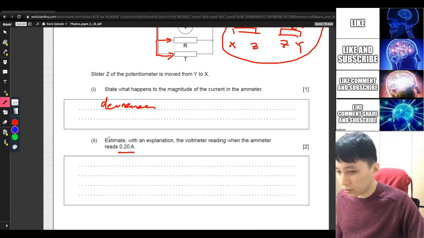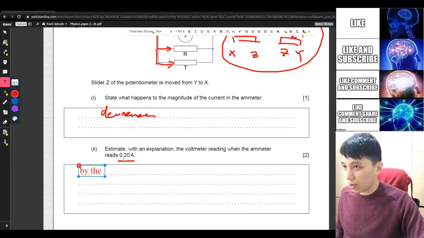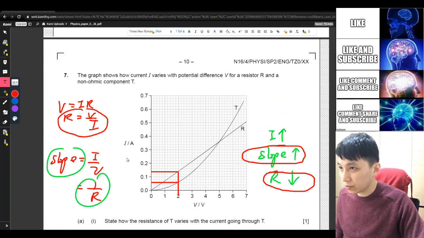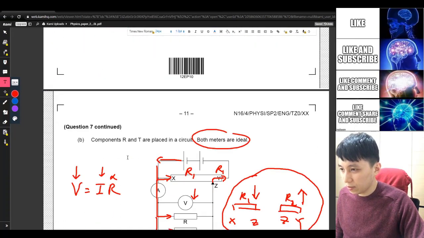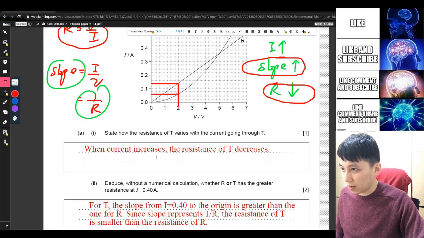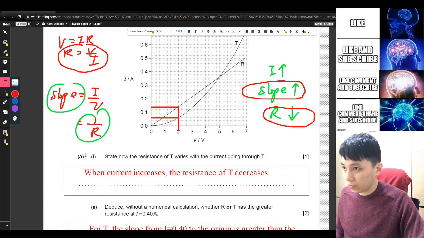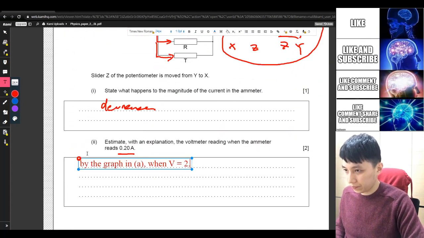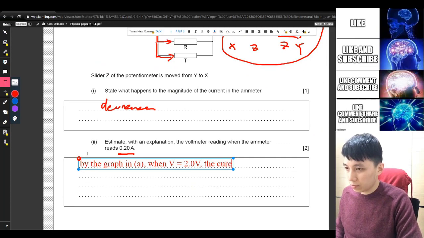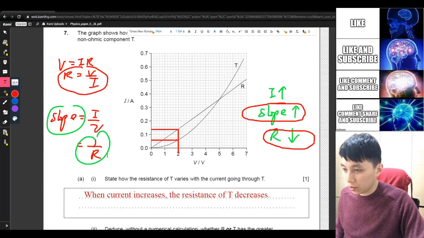Okay, so what you can say about it is, by the graph in part A, maybe, when V equals 2.0, the current, let's just talk about each of them.